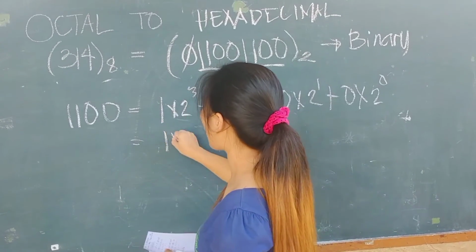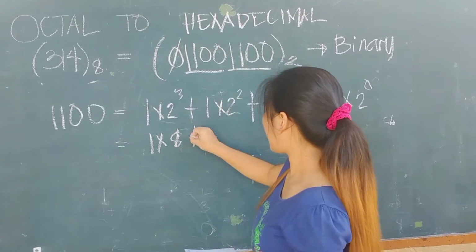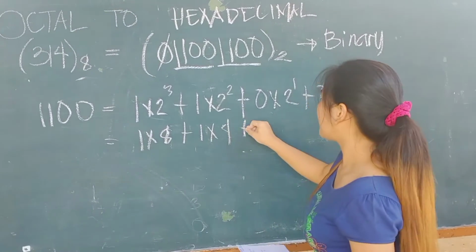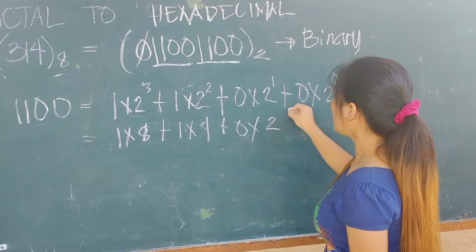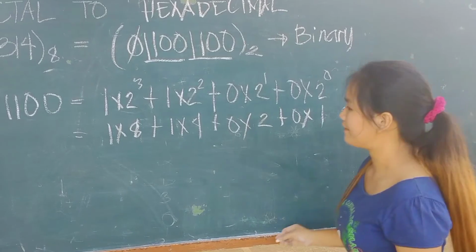So 1 times 2 raised to the power of 3 is 8, and 2 raised to the power of 2 is equal to 4, and 0 times 2 raised to the power of 1 is 2, plus 0 times 2 raised to the power of 0 is equal to 1.